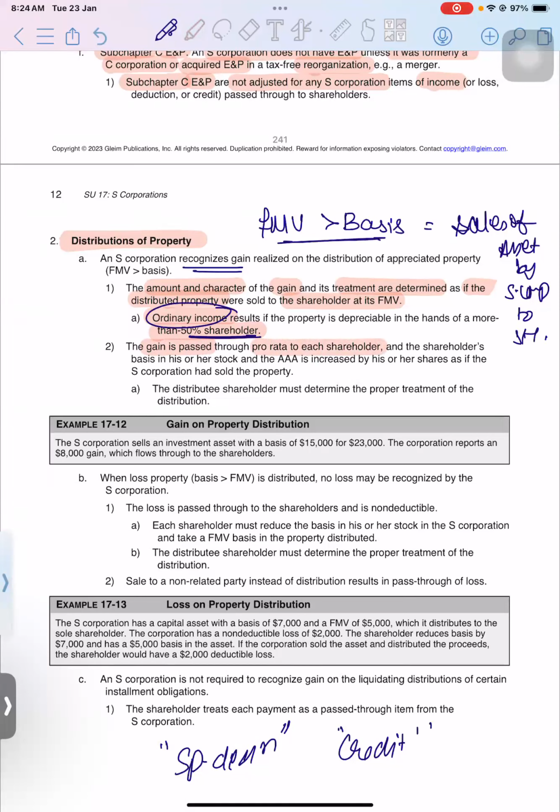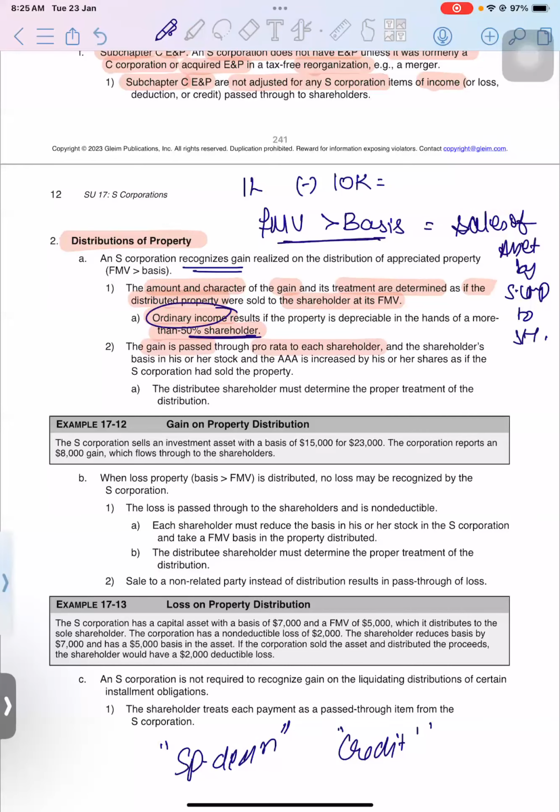First step is at the S Corporation level, you will see that, let's say the FMV was 1 lakh, basis was 10,000 in our example. So due to this sale, see, this is not a sale, the S Corp is just distributing the property to the shareholder. Okay, so as soon as you're distributing the property to the shareholder, is the shareholder going to give you something in return?